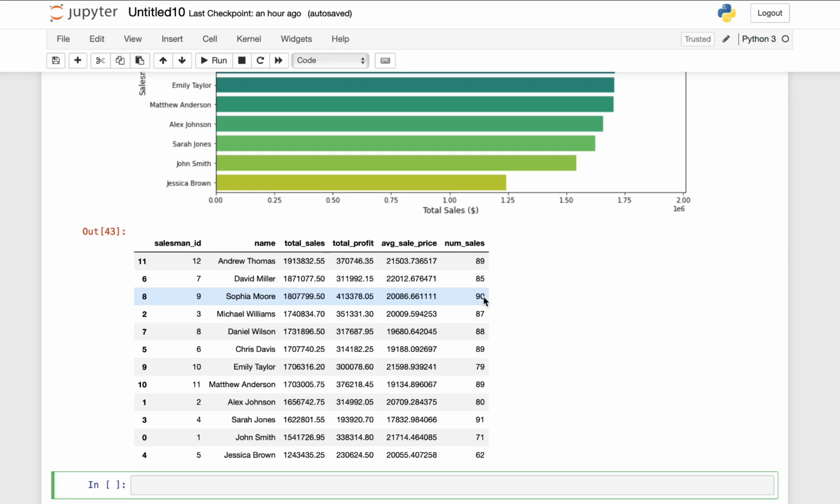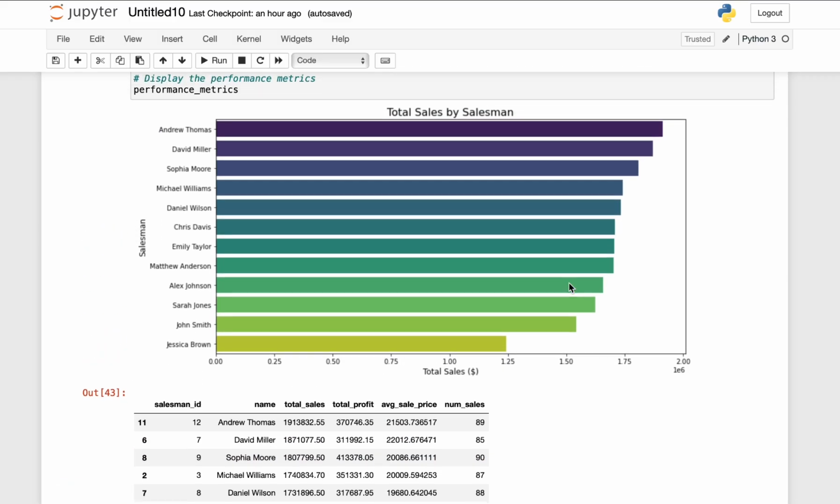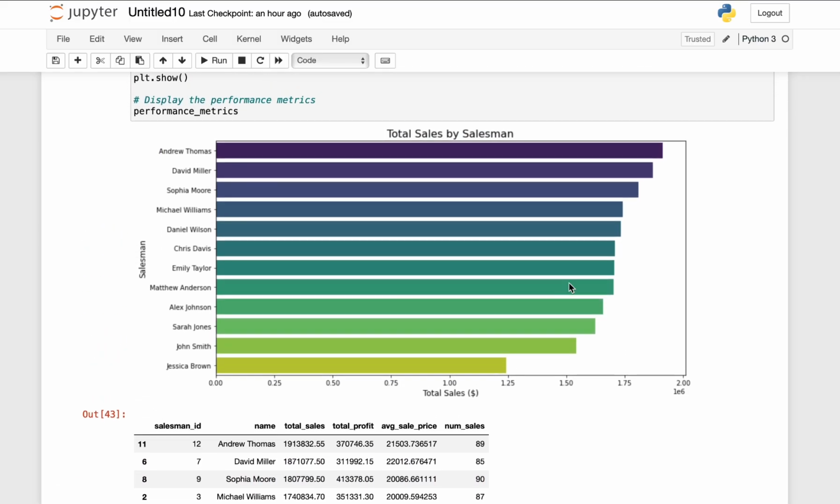This could indicate that his transactions might not have been as profitable on average. Now, visually speaking, we can see a bar chart here that provides us a quick comparison of total sales. And we can see that Andrew Thomas dominates everyone else, followed by David Miller and Sophia Moore. This visualization is helpful for quickly identifying the top performing salespeople.